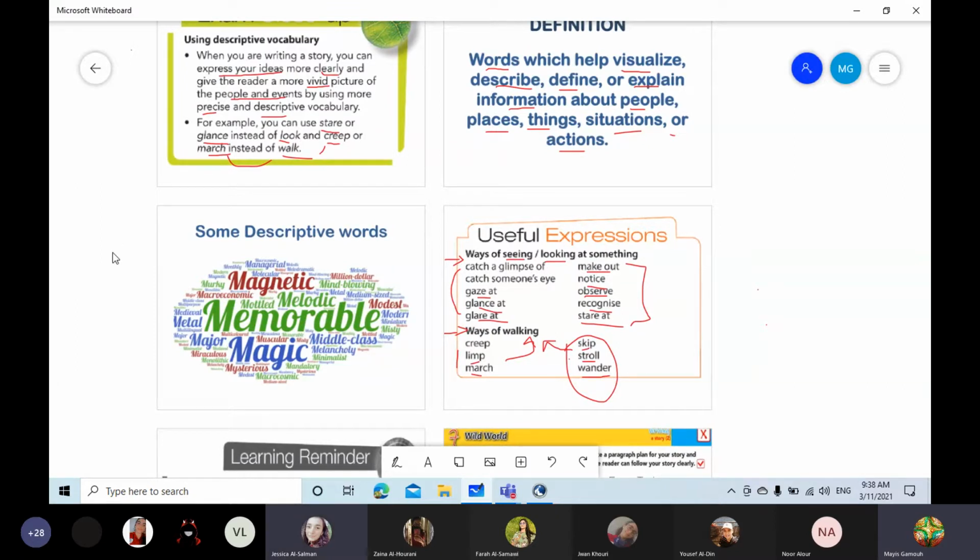Catch a glimpse of, glimpse, gaze at, glance at. When I read something, you repeat it. Gaze at, glance at, make out, note, absorb, notice, stare at. Okay, thank you, dear.